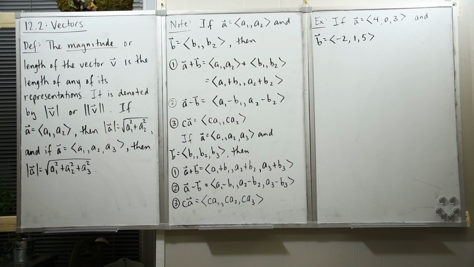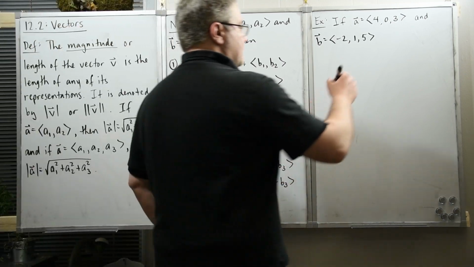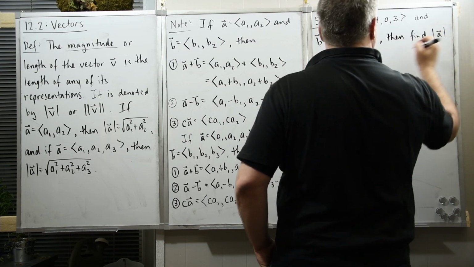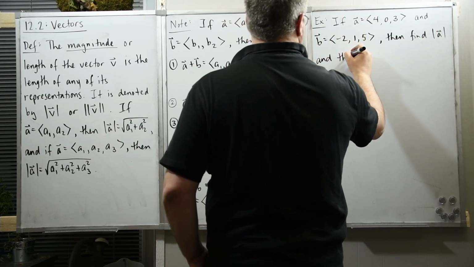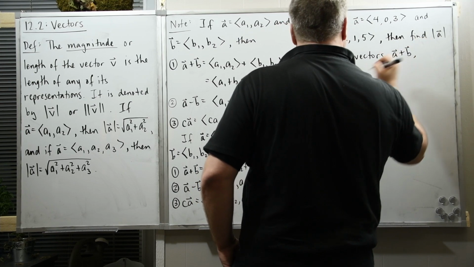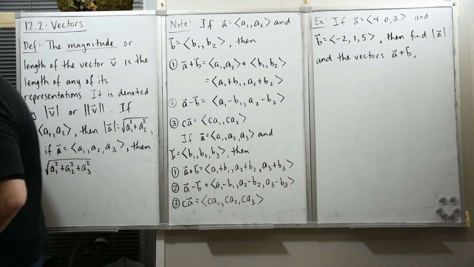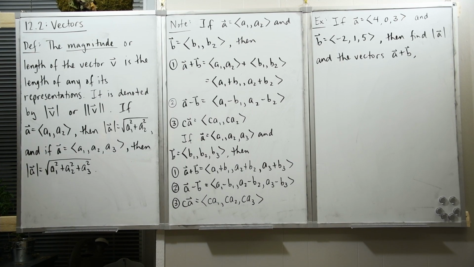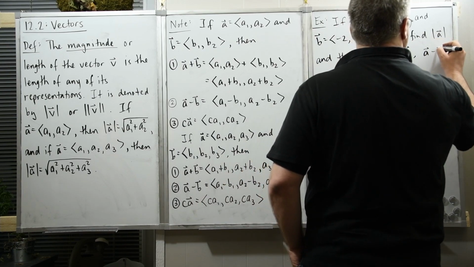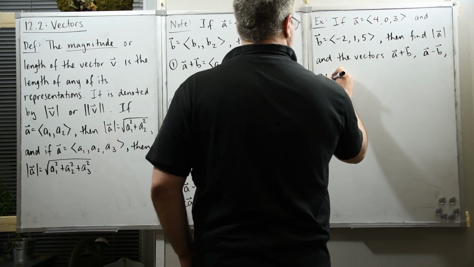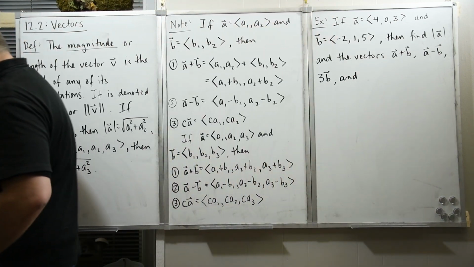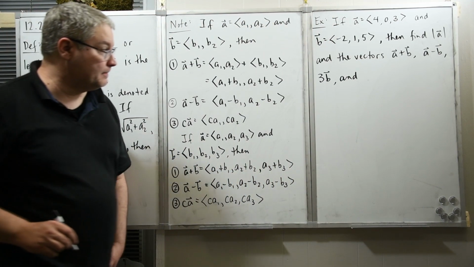Then we're going to find the magnitude of A. We'll also find the vectors A plus B, A minus B, 3B, and finally 2A plus 5B.